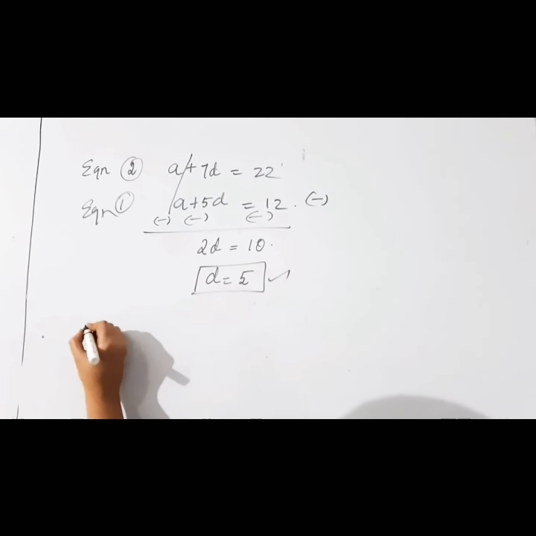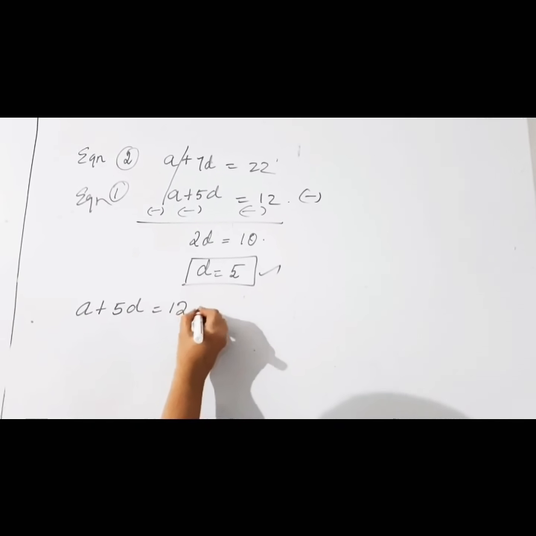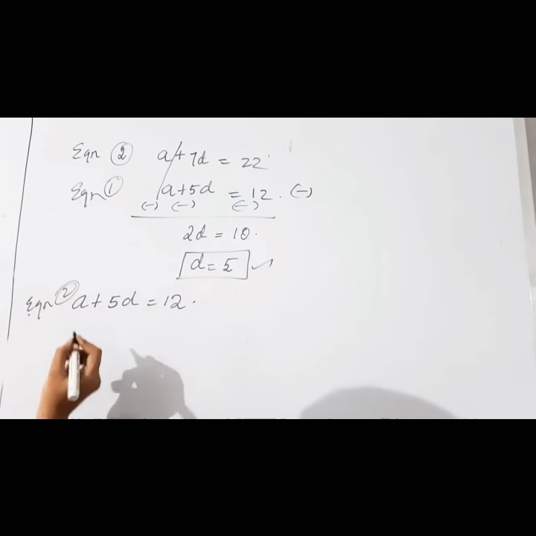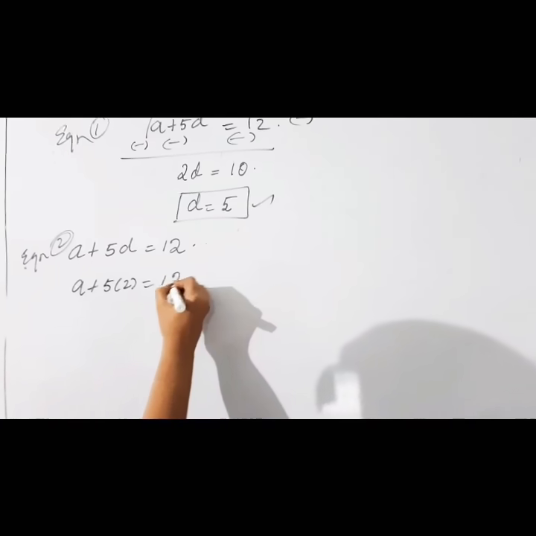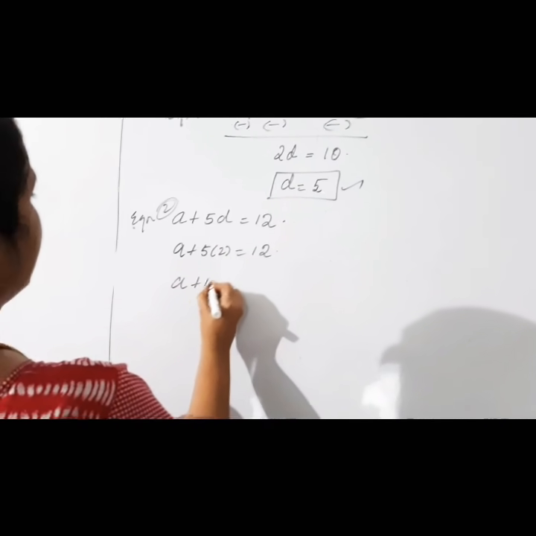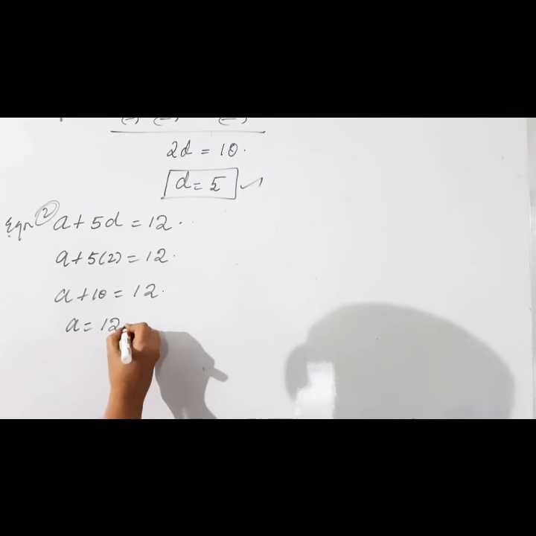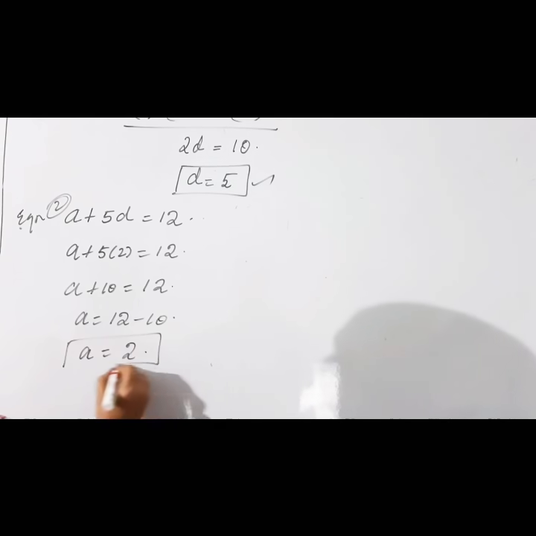Substitute the value of D in any one of the equations. A plus 5D is equal to 12, your first equation. We are substituting the value of D here: 5 into 2 equal to 12. A plus 10 is equal to 12. A is equal to 12 minus 10. A is equal to 2.